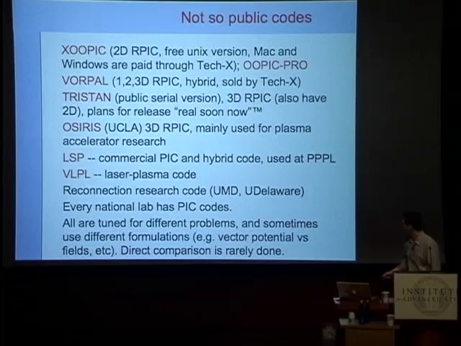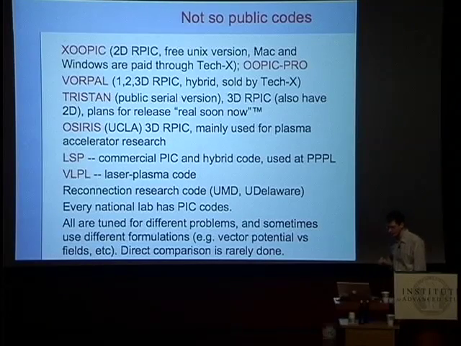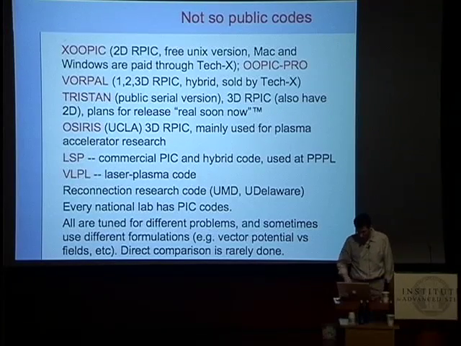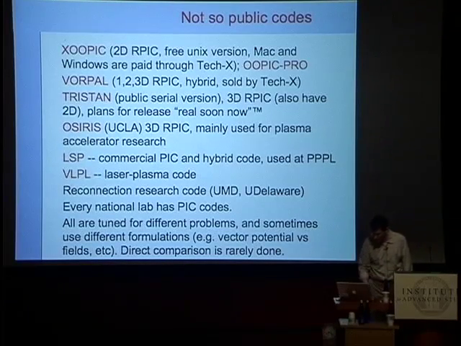So all of these are used by different communities. The public codes can be used by anybody, but basically they're all tuned to slightly different constituencies. If the code is mainly tuned towards laser plasma interaction, it may not have as generic boundary conditions as, say, an astrophysical code would have, or the other way around.